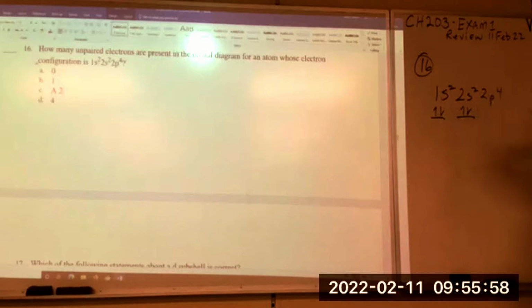But the 2p is subdivided into those 3 levels. If you follow Hund's rule, you have to fill these 3 first, 1, 2, 3, then you can go back and start pairing them up with the 4th. So we have 2 unpaired electrons. That's why the answer here is C.